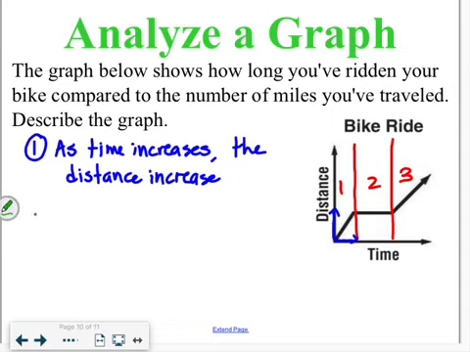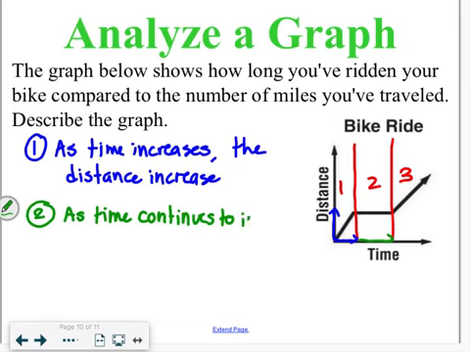That second section, your time is still increasing, but there's no change in distance. So you could say as time continues to increase, the distance remains the same.